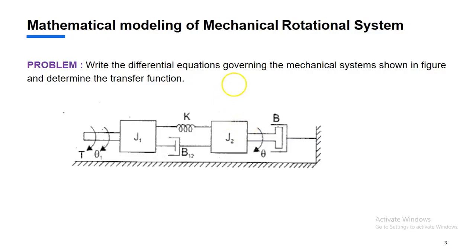This is the mechanical rotational system for which we have to compute the transfer function, that is, output to input. Output is basically an angular displacement and the input is a torque. So we have to find theta of s divided by T of s.